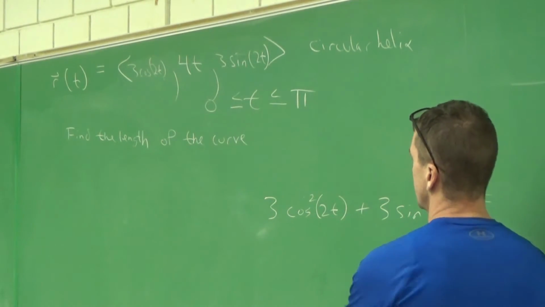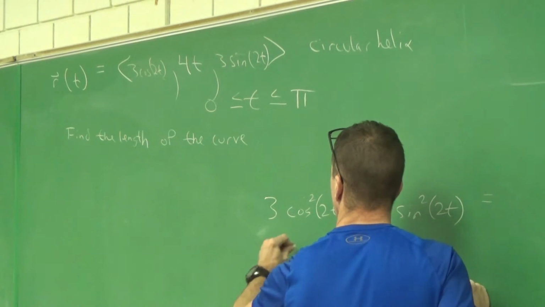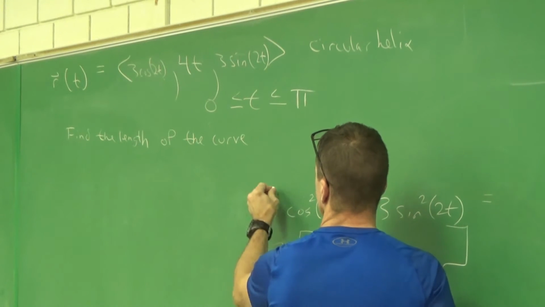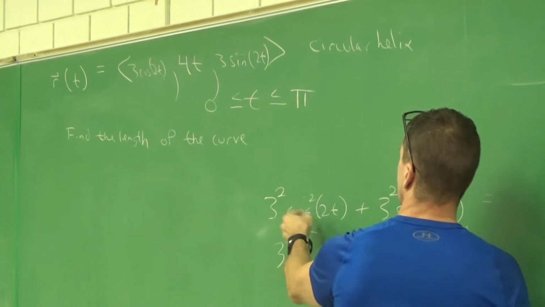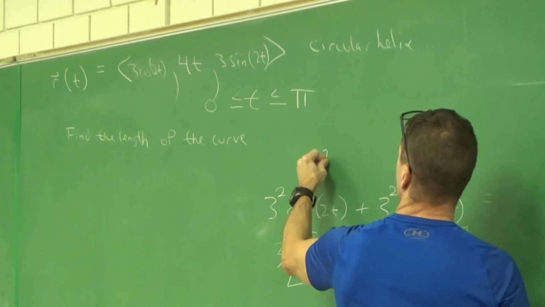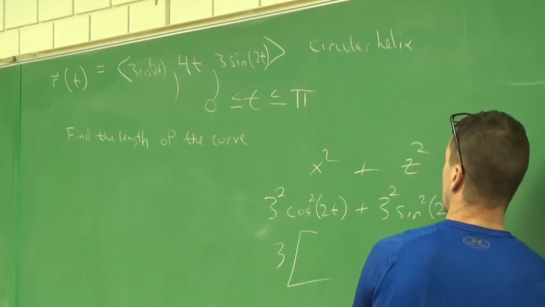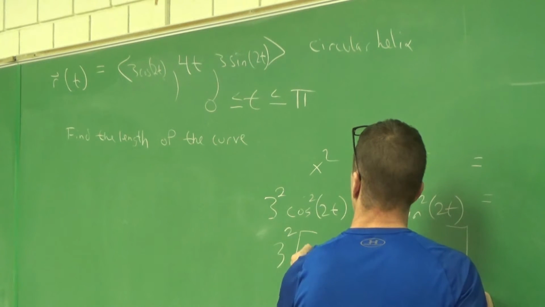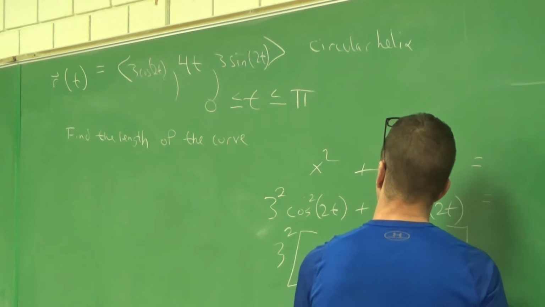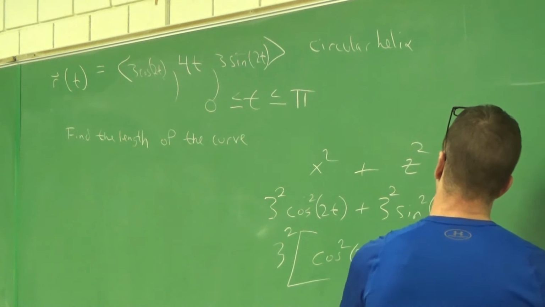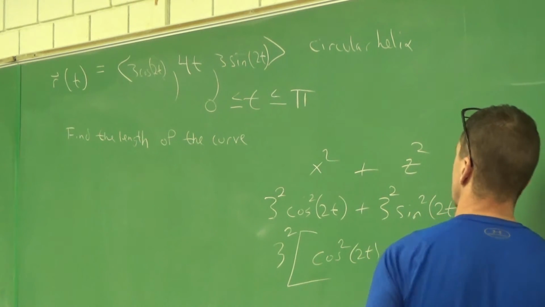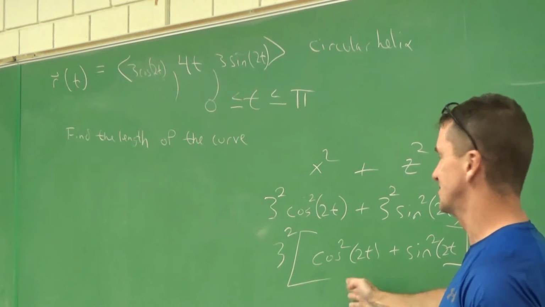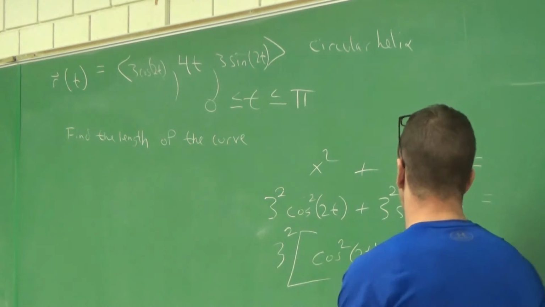If I factor out the 3, what do you now have? Cosine squared 2t. Oh, and I didn't square this, I apologize, so I'll square both of those. There's x squared plus z squared, and let's see what it turns into. I factor out the 9, and you get cosine squared of 2t plus sine squared 2t. Is that equal to 1? Great, so this is equal to 1. 1 times 9 equals 9.